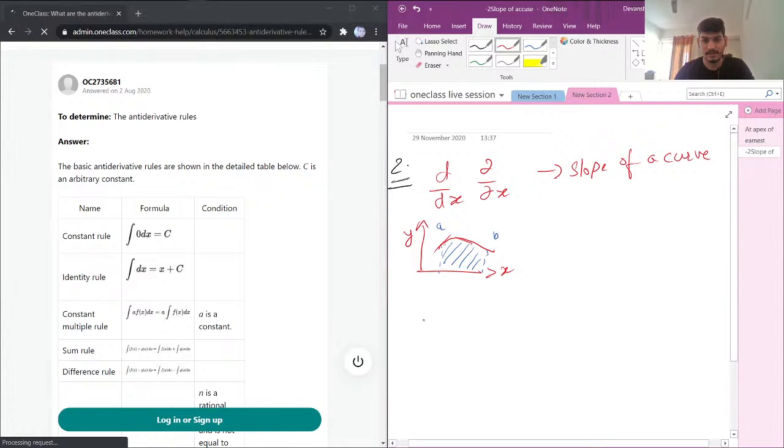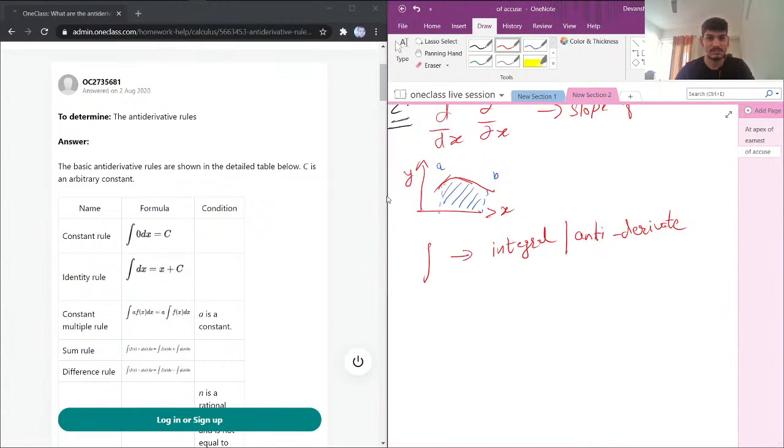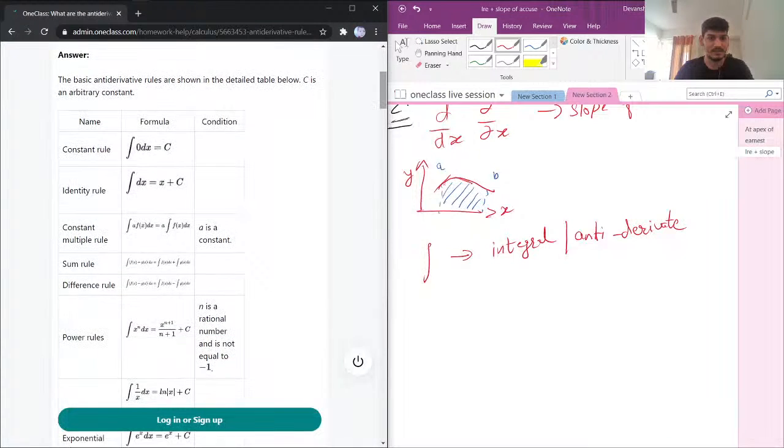So antiderivative is usually written as an integral. So this is called integral or antiderivative. Most people call it integral in the scientific community. I haven't heard the term antiderivative from any of my professors or faculty.